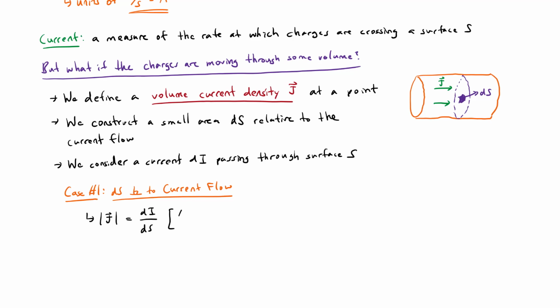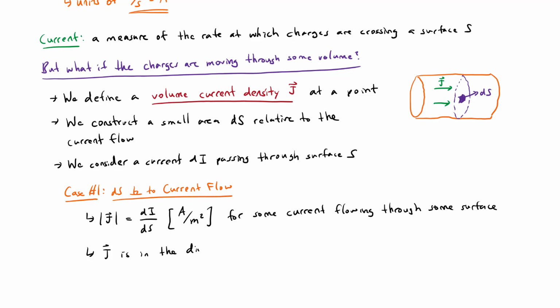So that means this is going to be in units of amps per meter squared. So this would be for some current flowing through some surface. We also want to note that J is a vector, and we have to determine its direction by inspection. So J is going to be in the direction identical to that of current flow.